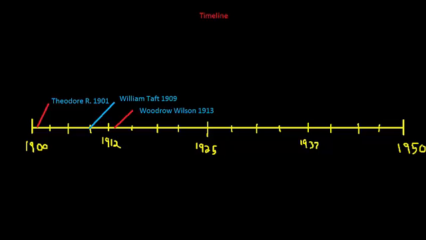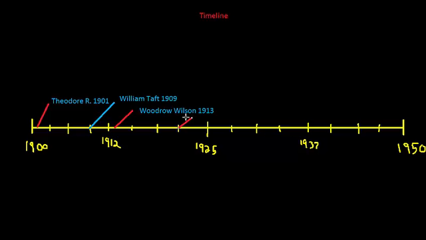1921, so here's 1912, 1915, 1918, if I'm doing my math right, 12, 15, 18, 21, Warren Harding right here. Now you see what's happening here is I'm running out of room, so be aware of that.